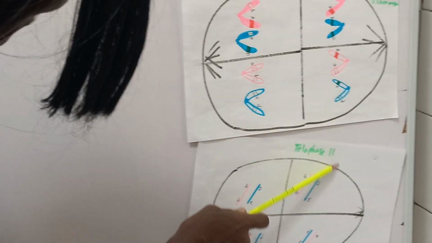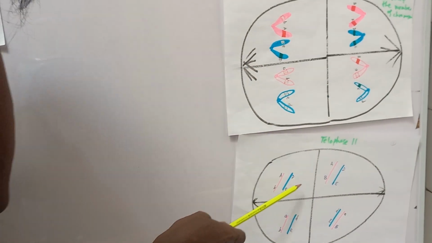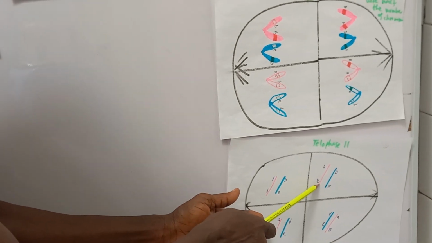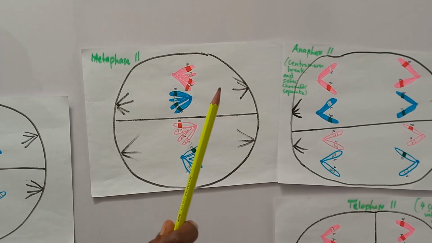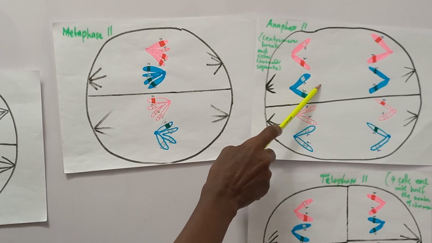And if you look at the arrangements of the chromosomes, you will see we have 4 different cells with 4 different arrangements of genes. Now, please note something, that from metaphase 2, we are going to anaphase 2.